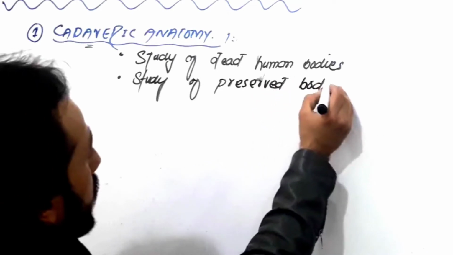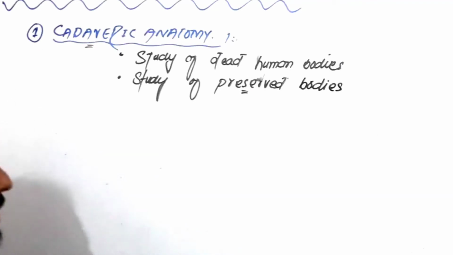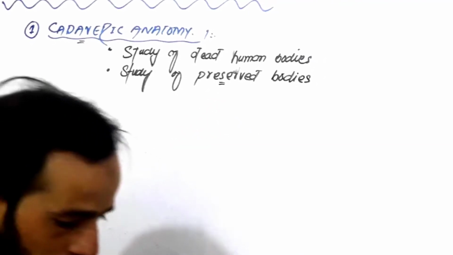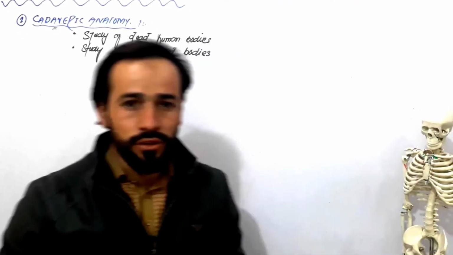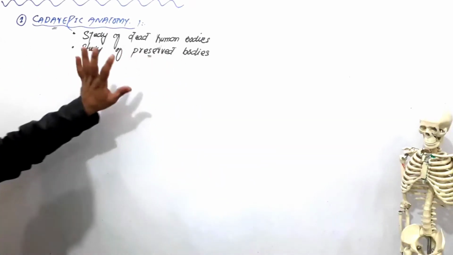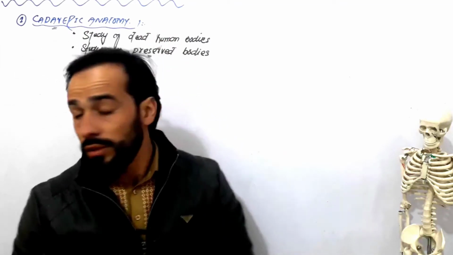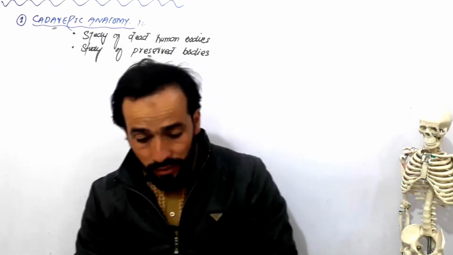They have been preserved in medical colleges to teach the medical students about the human body. So the first sub branch of anatomy is cadaveric anatomy.